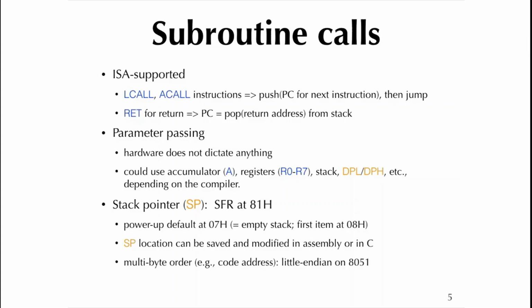The 8051 hardware stack is kind of funny in that, as you have seen from textbooks elsewhere, stack pointers usually start at a high address and grow towards the low address. Every time you push, it decrements and then pushes onto the stack, and when you pop, it goes toward the higher address.